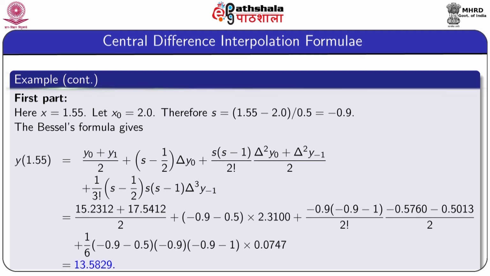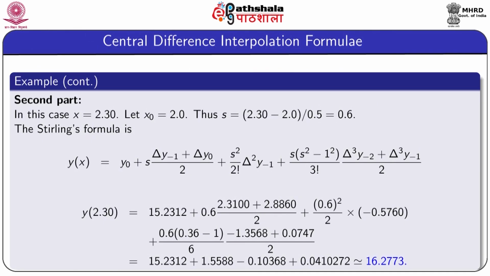The Bessel formula gives y equals y0 plus y1 by 2 plus s minus half into delta y0 and so on. By using the values of y0, y1, all other differences and the value of s, and after simplification, we obtain the value of y when x equals 1.55, which is 13.5829, and this value is correct up to 4 decimal places.